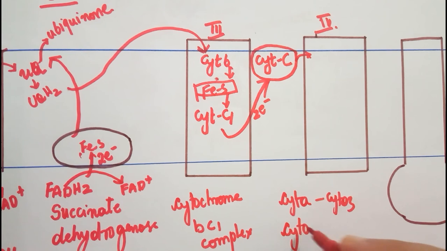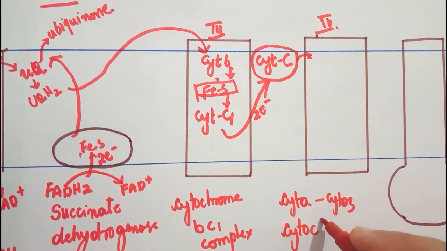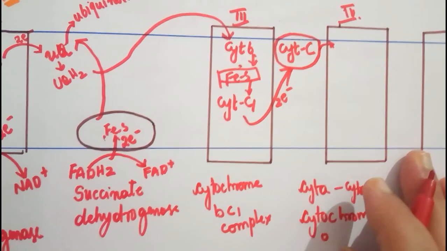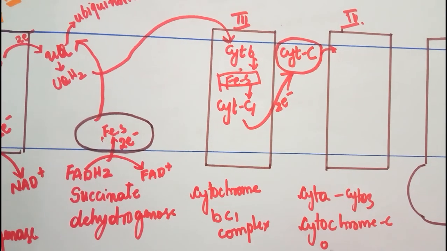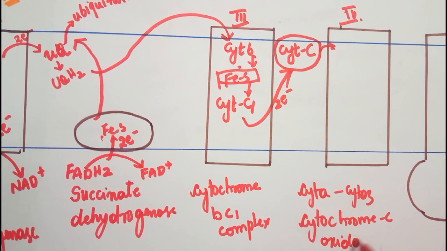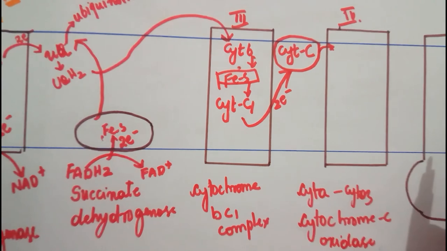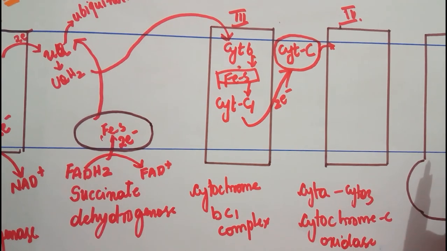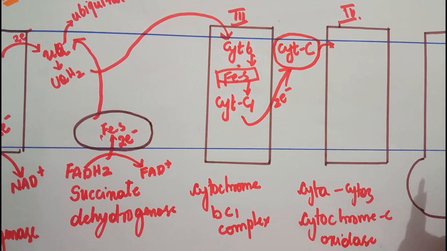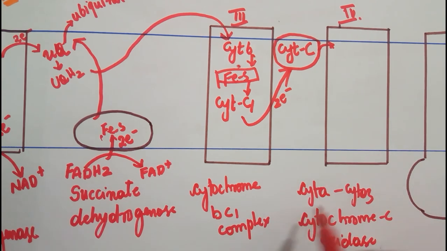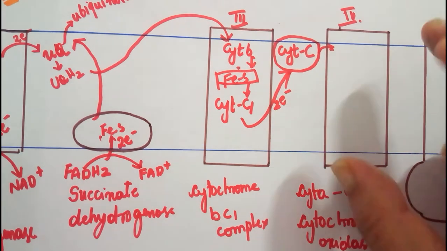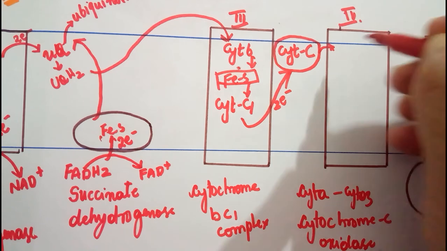Why is it called cytochrome C oxidase complex? It is oxidizing cytochrome C and taking electrons from cytochrome C. So it is called cytochrome C oxidase complex, or you can also call it cytochrome AA3 complex. This is the fourth complex, and the last complex of the electron transport chain.